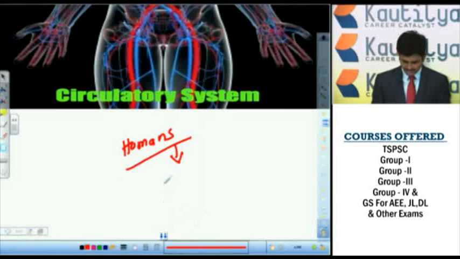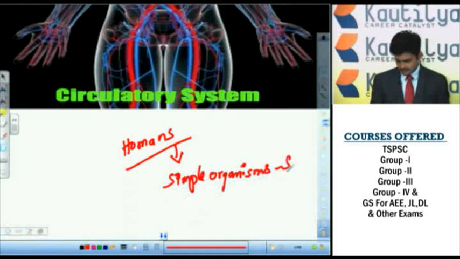In animals, in simple organisms like sponges, circulation is through the diffusion process.